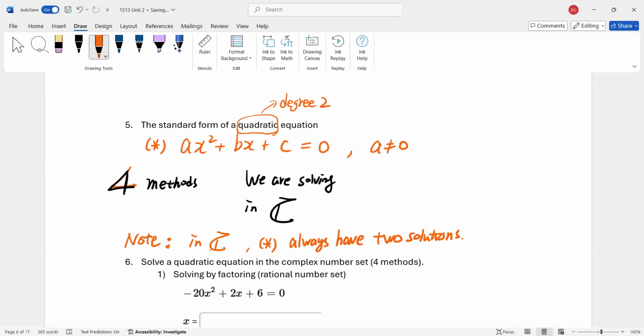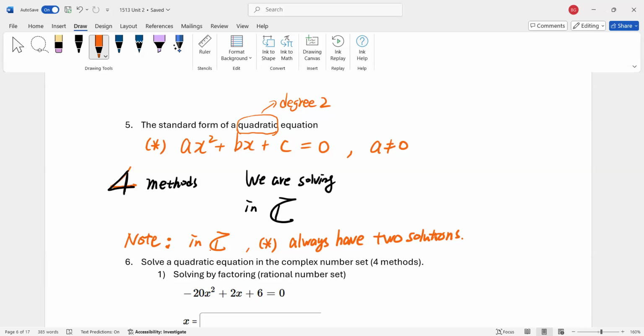This is different from what you have learned in Foundation 2. In Foundation 2, if a quadratic trinomial is not factorable, meaning not factorable in the rational number set, then the corresponding equation has no solution, right? But here, any quadratic equation has solutions in the complex number set.